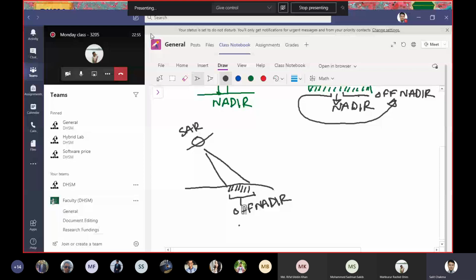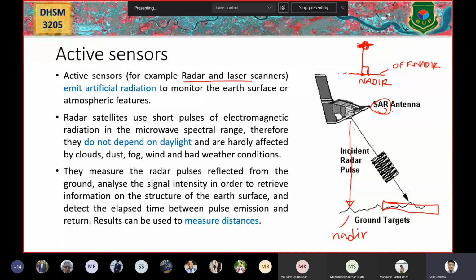If you are collecting something at nadir point, you can say the satellite is collecting data at nadir. But if that nadir point doesn't exist on the surface that you are sensing, then you can say it's collecting data from off nadir.